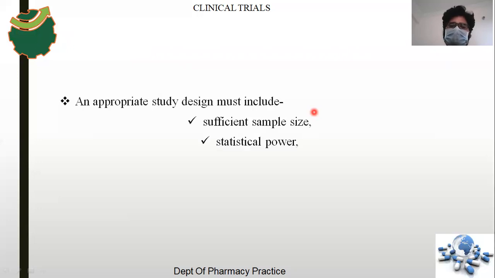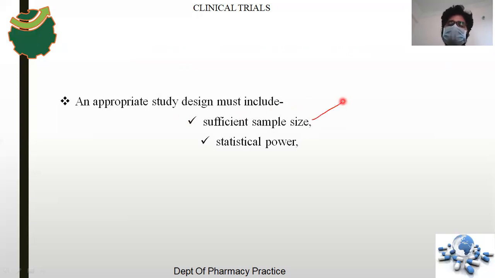So your study design, like you have studied power of the study in statistics last year, an appropriate study design must include sufficient sample size.